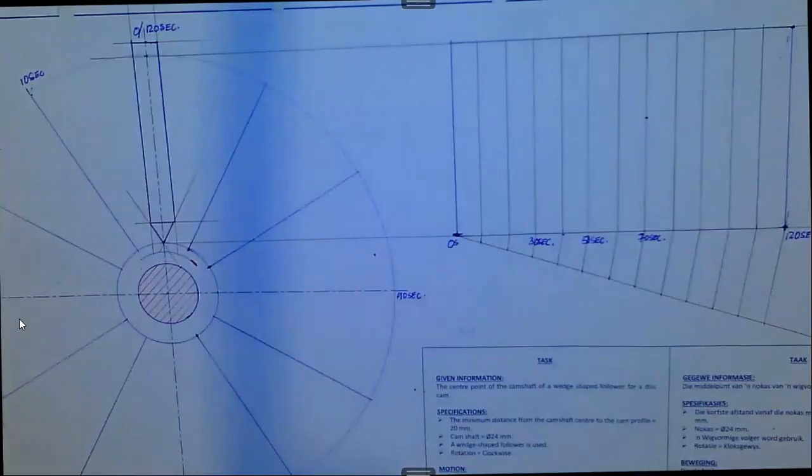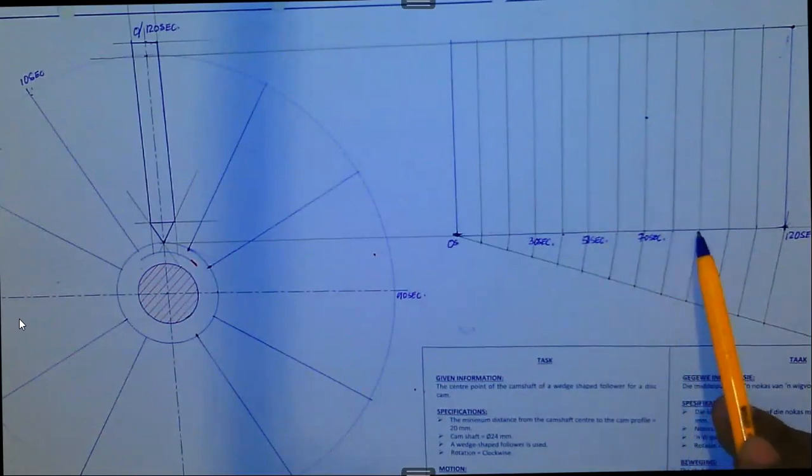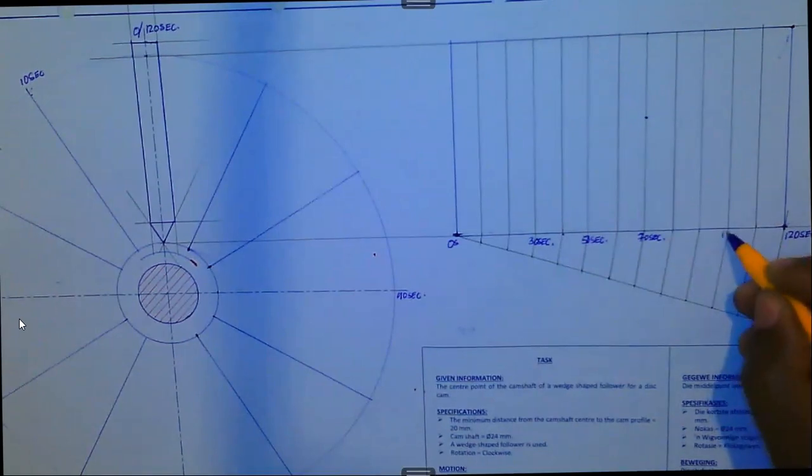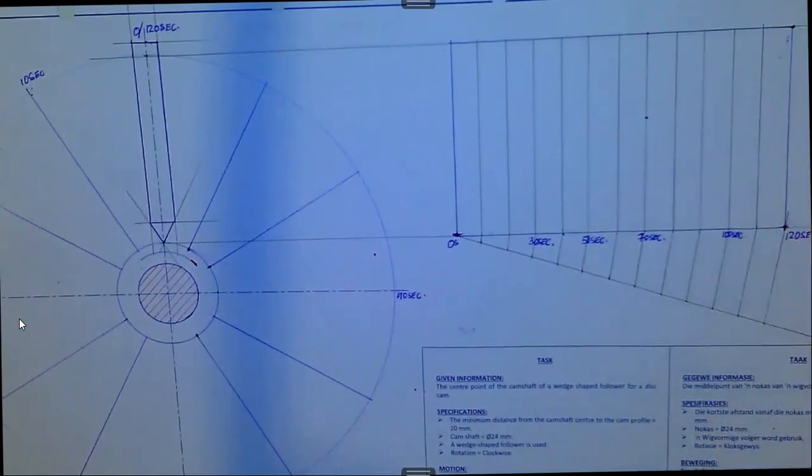A dwell for the next 30, that's 80, 90, and 100 seconds, it dwells up to there, then drops to the minimum displacement during the remaining period, then it should come here.